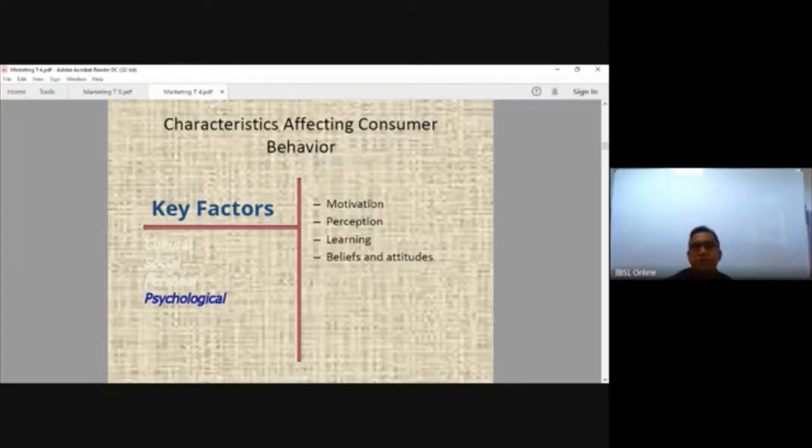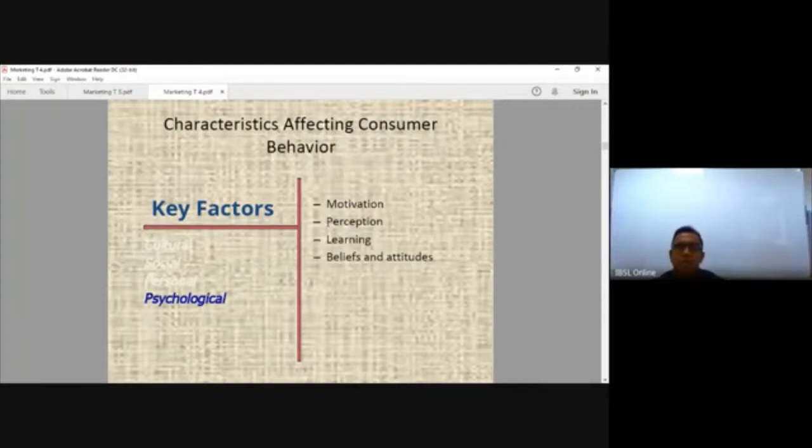The perception and learning, beliefs and attitudes are all connected. Perception is how you perceive things, say about a certain product. How do you perceive it?